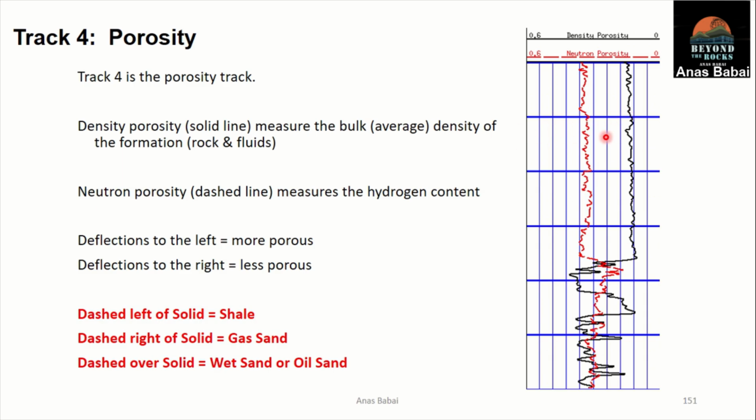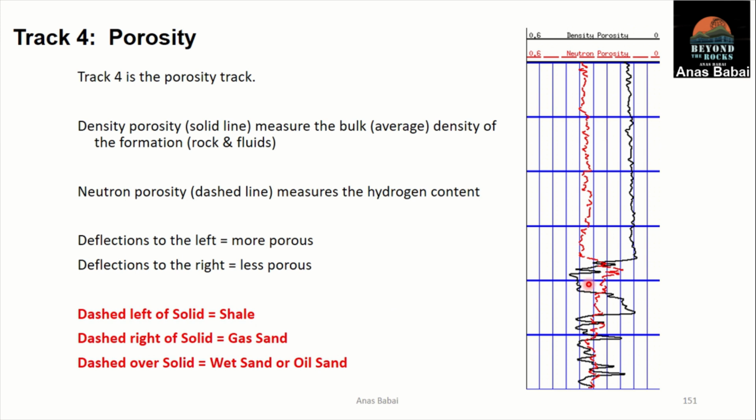So in this case we can see that this zone contains sand, and to differentiate whether this zone contains oil, gas or water, we can know if it contains hydrocarbon from the resistivity, as we saw previously: if it has high resistivity, that means it's either oil or gas.